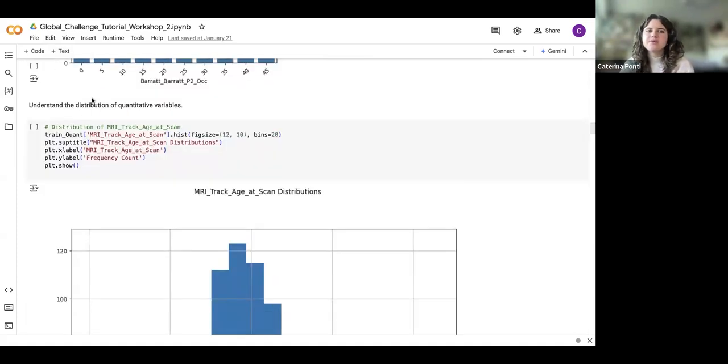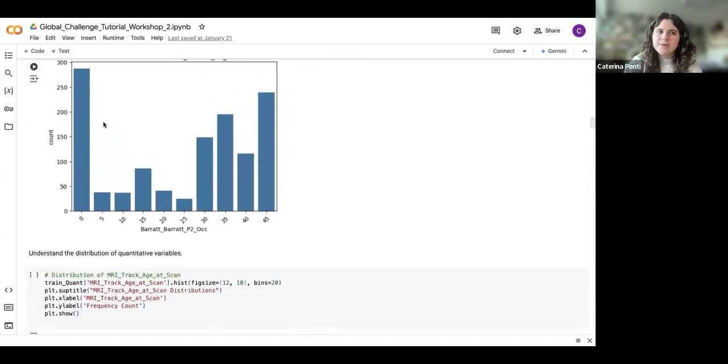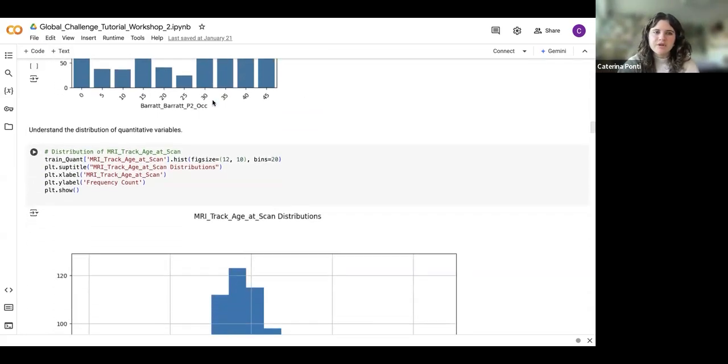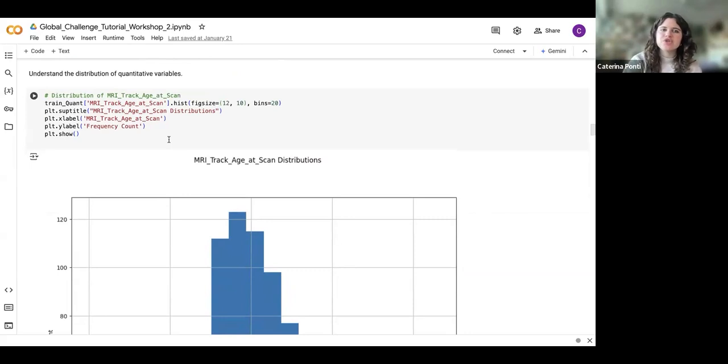Also, we want to understand this is the distribution of categorical values. This was a categorical value, but we also want to be able to visualize the distribution of quantitative variables. In this case, I just chose one quantitative variable. You can choose whatever you want, but I was curious about this one. This is MRI track age scan, which is the scan age by the MRI of the subjects.